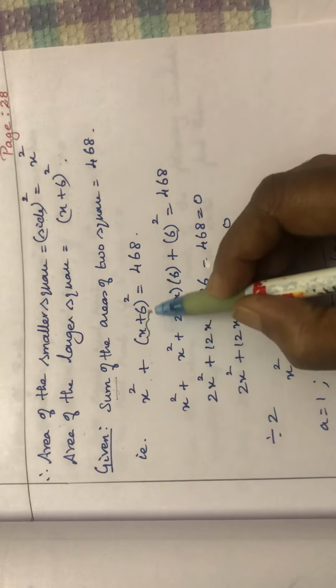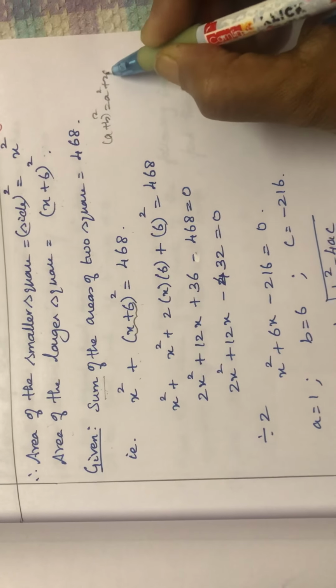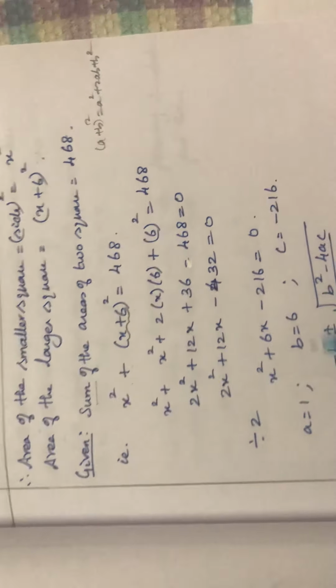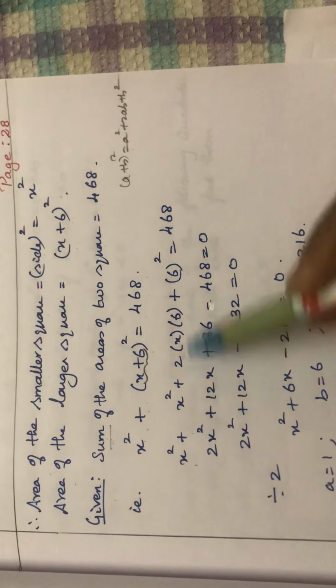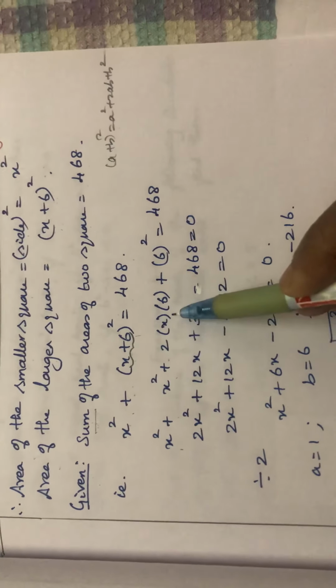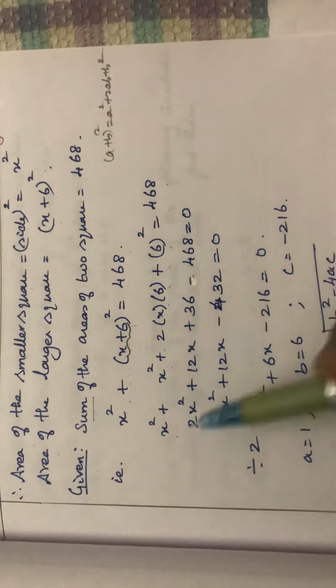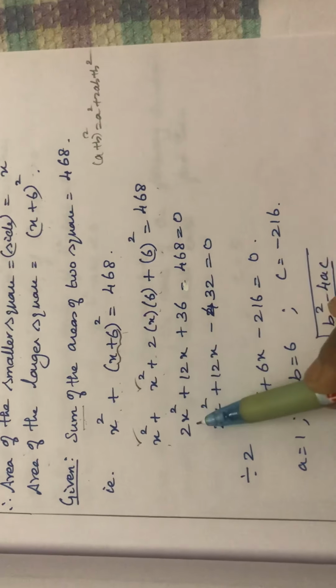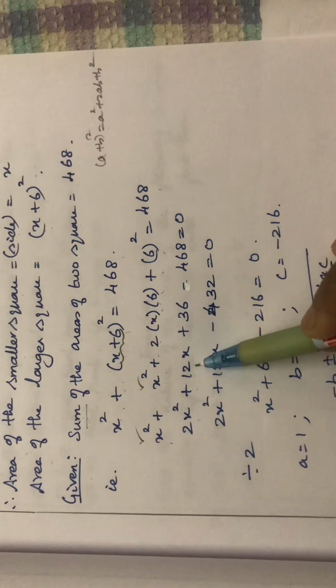Now this looks like a plus b the whole square, which is equal to a square plus 2ab plus b square. So x square I am writing as it is, plus when I am expanding, x square plus 2 into x into 6 plus 6 square is equal to 468. Now when I am adding x square and x square, I will get 2x square plus 2 into 6 is 12x.